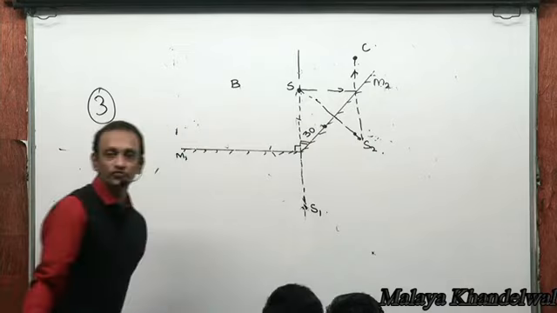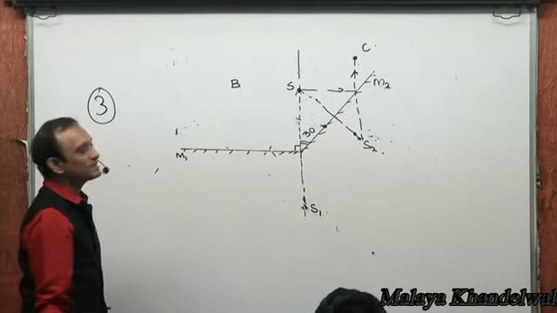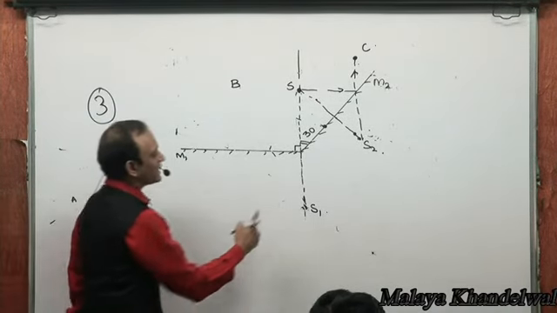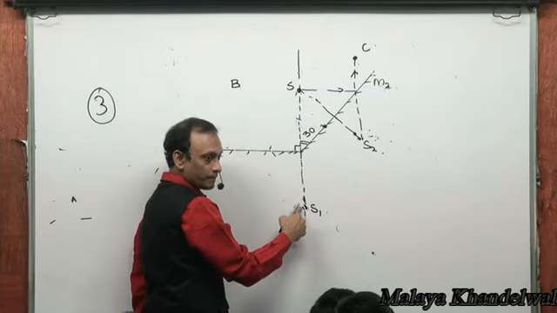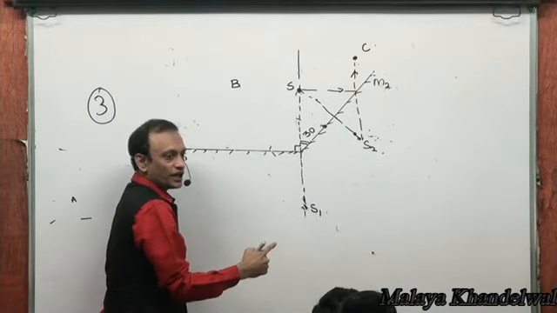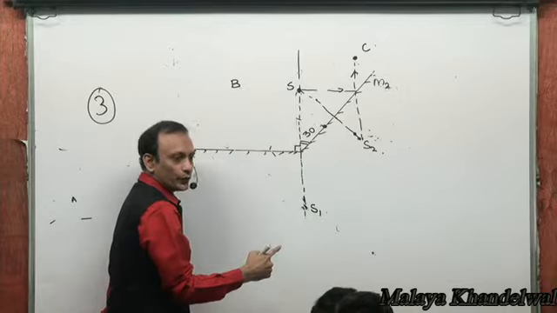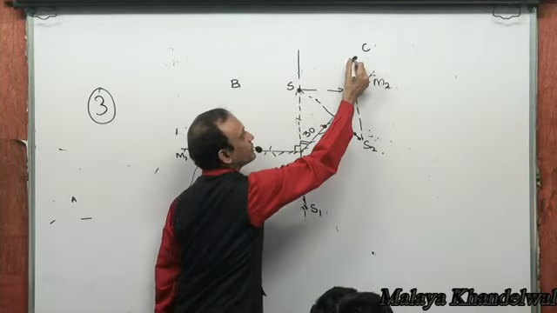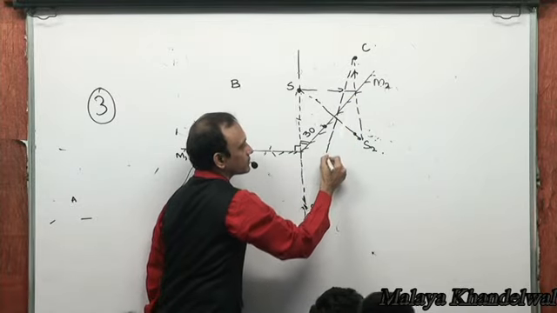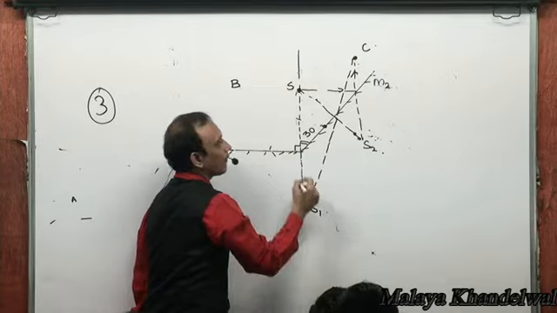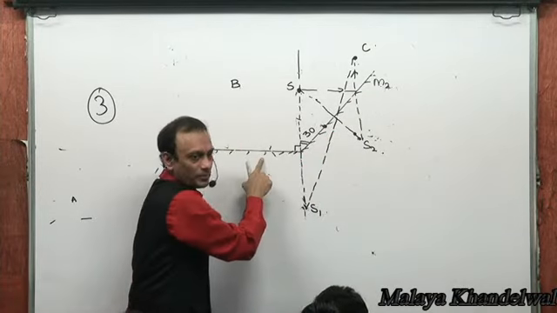So C will see S2 for sure, but will it see S1? Can I get a reflected ray from S1, which seems to be coming from S1, reaching C? No, no. Can you think of any? See, join C and S1. It's coming from mirror 2. It's not coming from mirror 1.